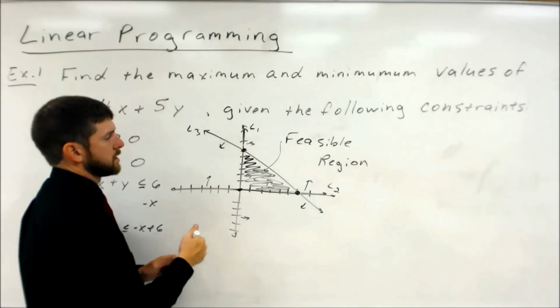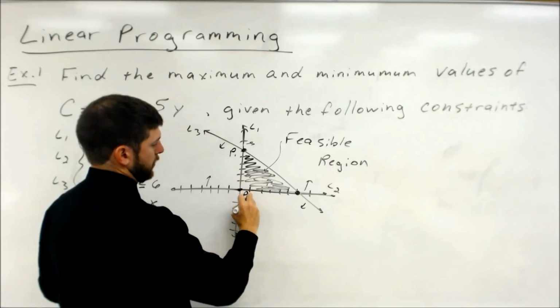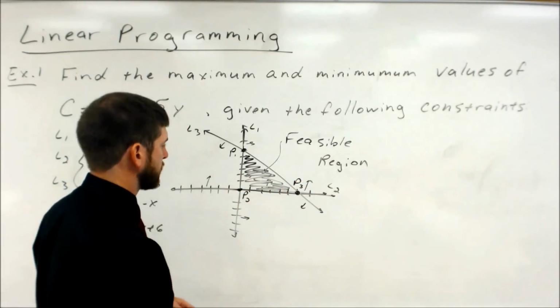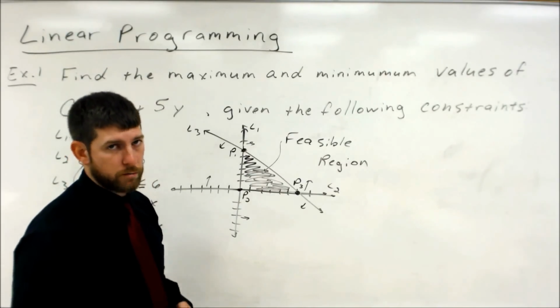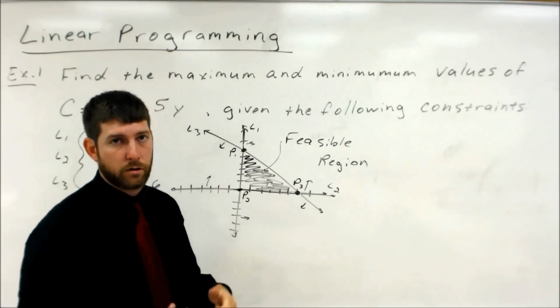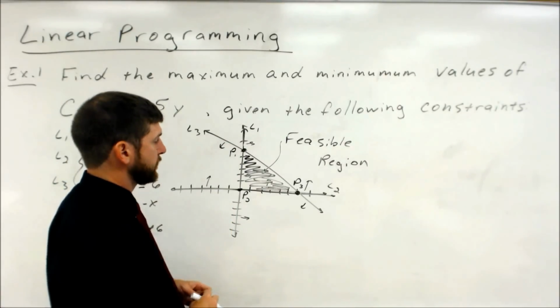These corner points, which I will label point 1, point 2, and point 3, just to help keep organized, we call those vertices, which y'all should remember from geometry. A vertex is where you have two lines crossing. So those are the corner points of your geometric figure.